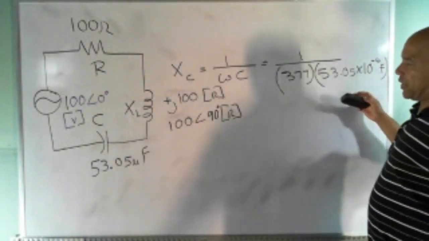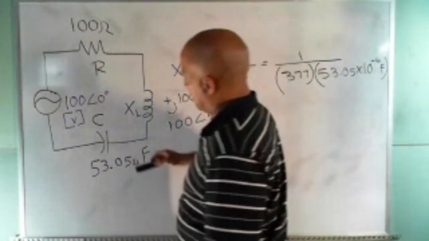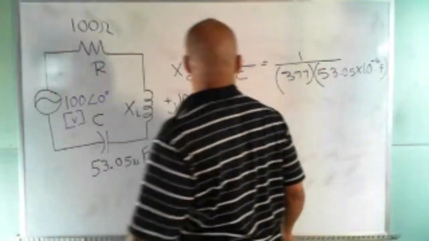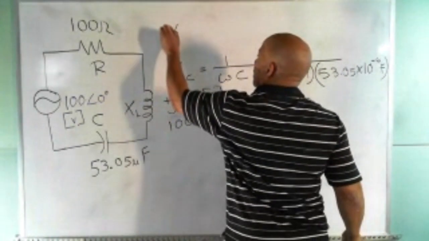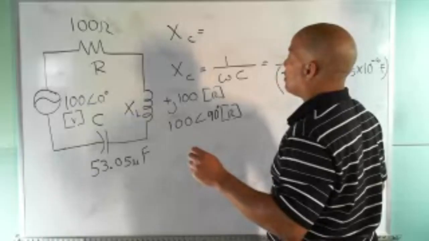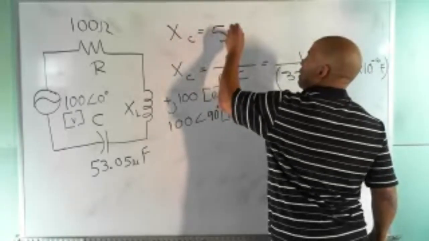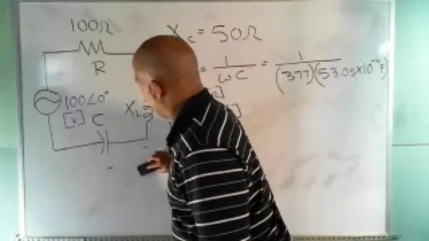Give me the value for XC. $50. Yes. All right, so when I write that, I'm going to get rid of this.